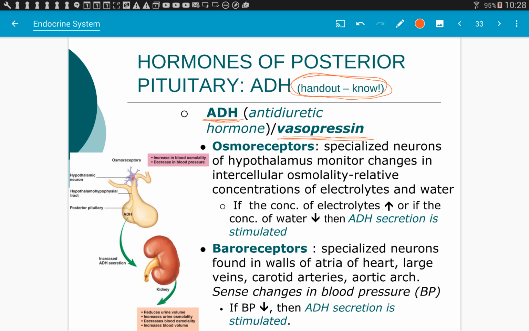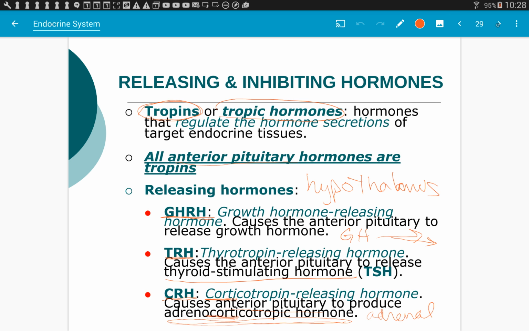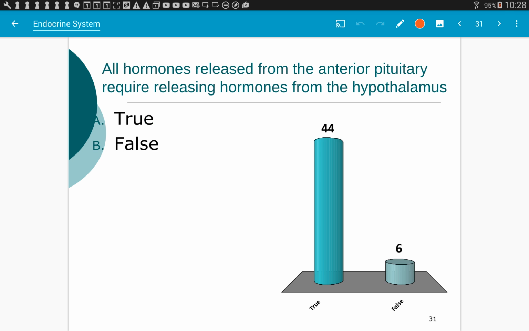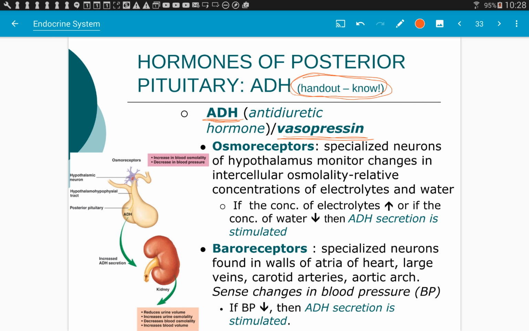Let's back up real quick. Somatostatin, right here, is another word for growth hormone inhibiting hormone. So there's a couple that have different terms. So vasopressin is another term for antidiuretic hormone.